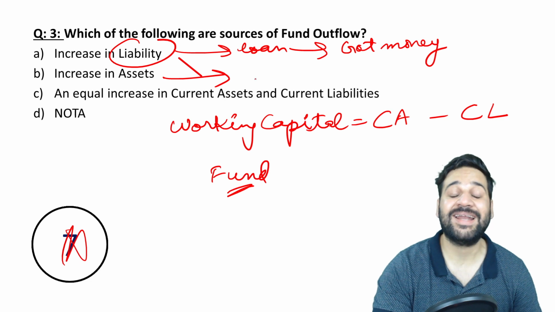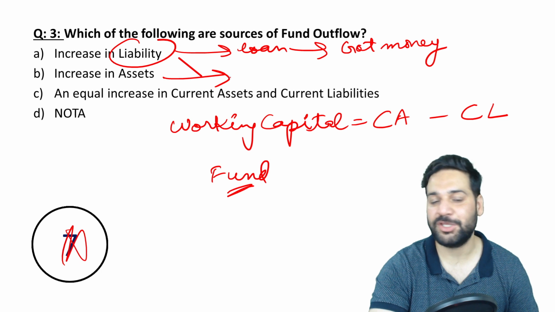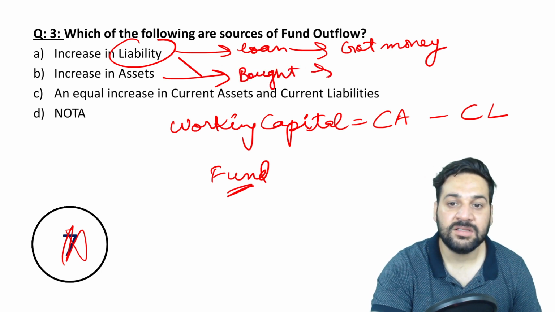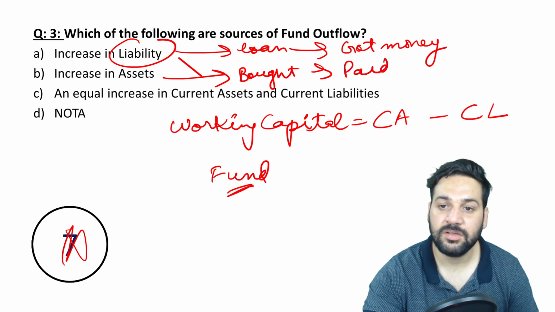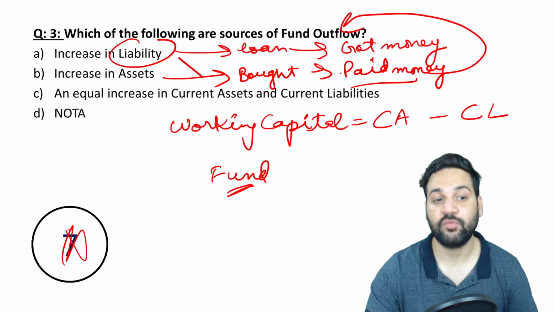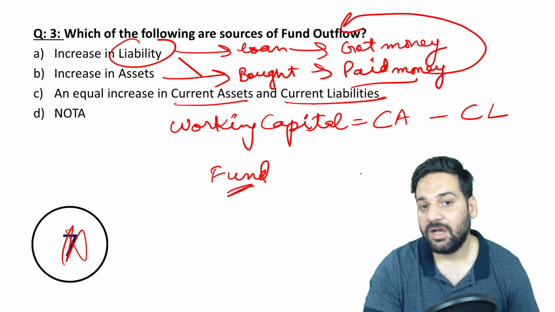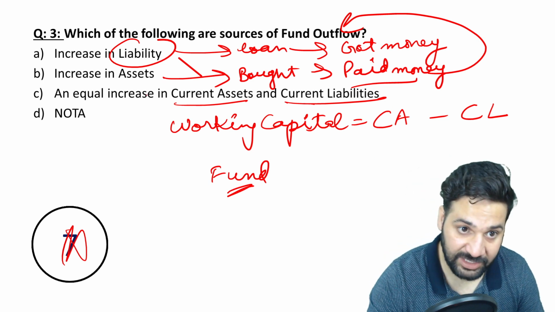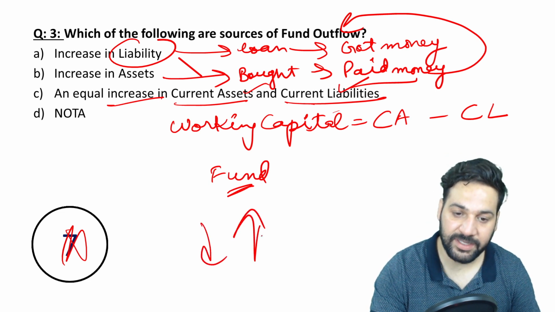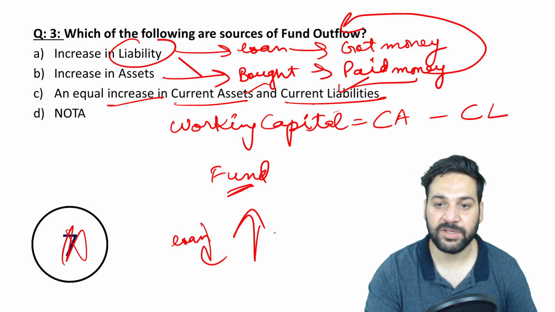If the assets are increased, you bought a car, machinery, a plant, you paid money, and that is fund outflow. And if there is an equal increase in current asset and current liabilities, you got the money and you paid the money: you got a loan, and then you paid to purchase assets.